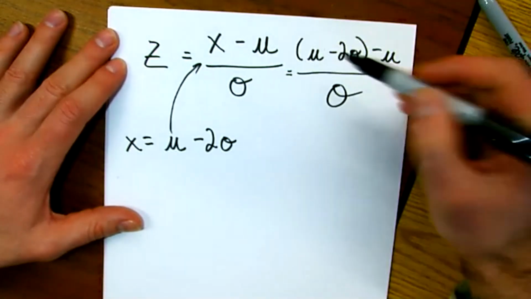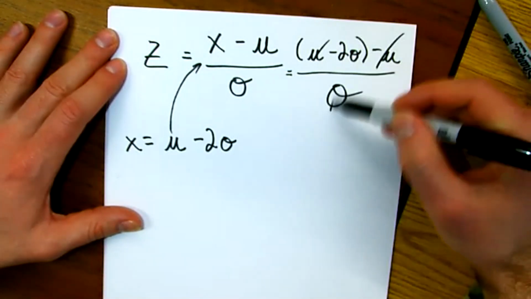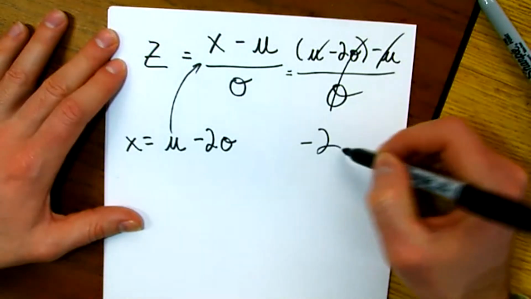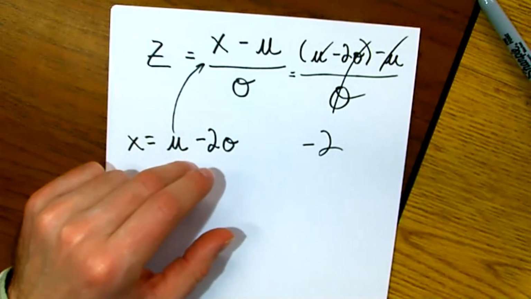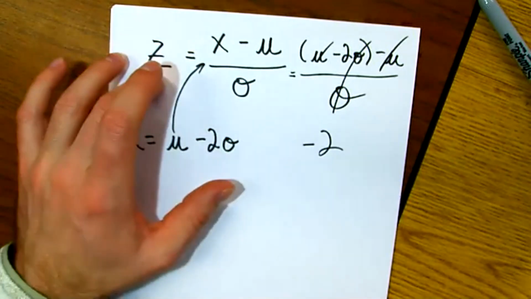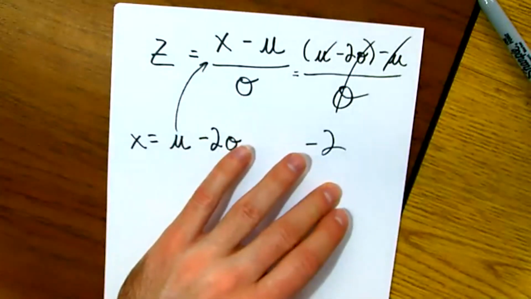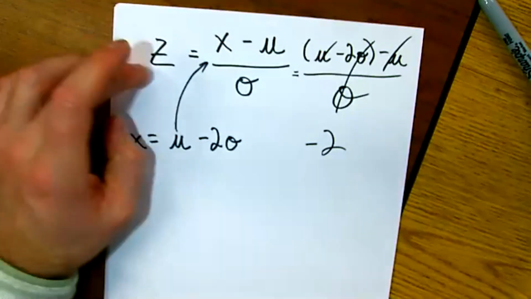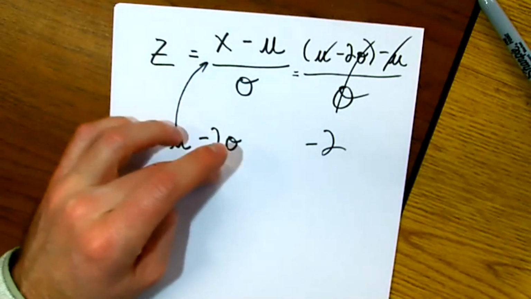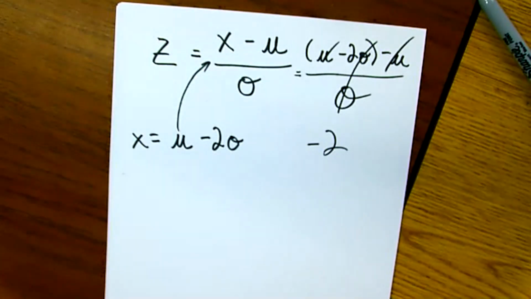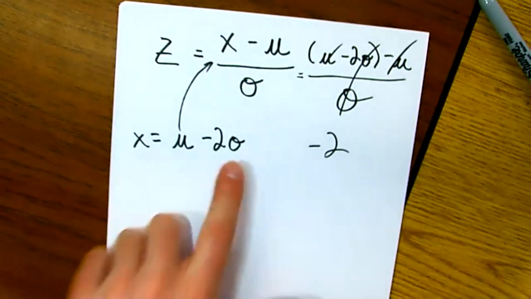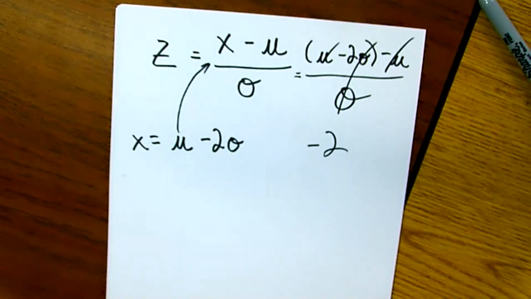The mean minus the mean, that cancels. My standard deviation will cancel, and I'll be left with that -2. So by plugging in certain numbers of standard deviations away from the mean, we can see why our z-score can be interpreted that way. Because of the way things cancel, however many standard deviations above or below the mean we are, that's what the z-score is going to tell us. Right? So subtracting out that mean, dividing by the standard deviation. Okay.